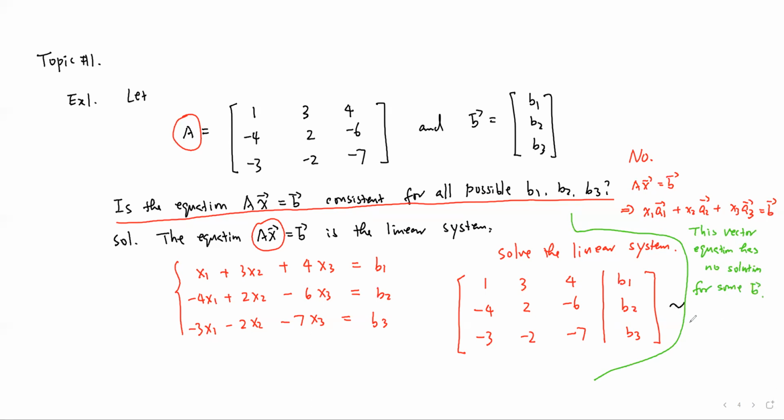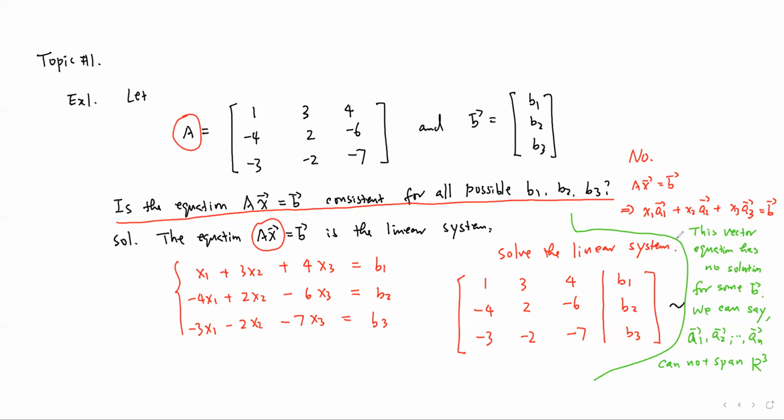We say that column 1, column 2, column 3 cannot span R3, because vector B is from R3. Some vector in R3 is not a linear combination of the columns of the matrix.